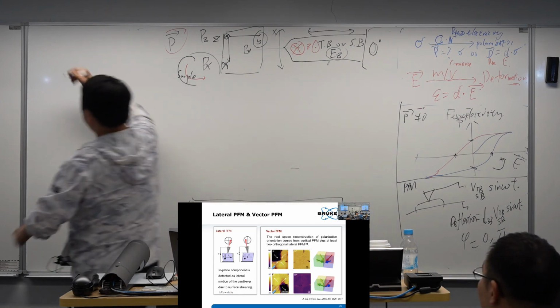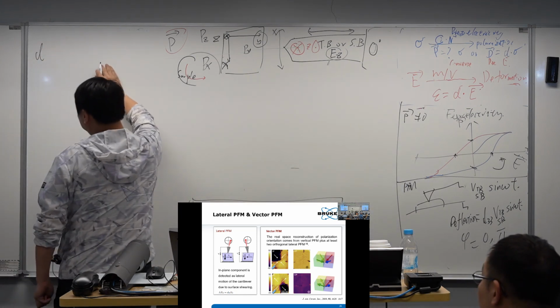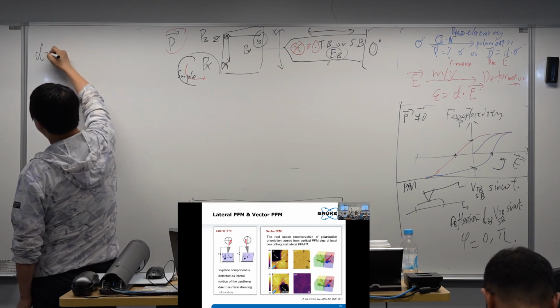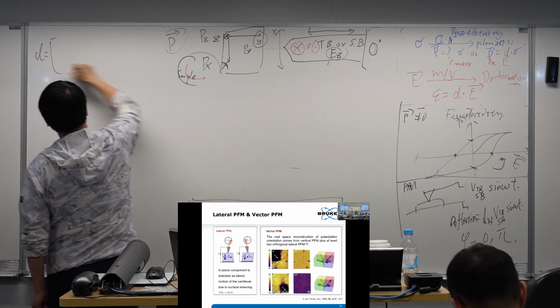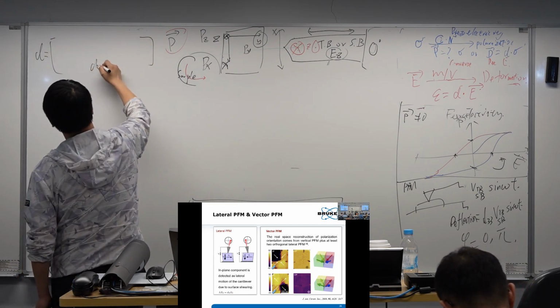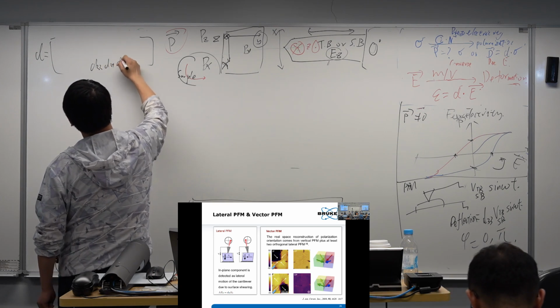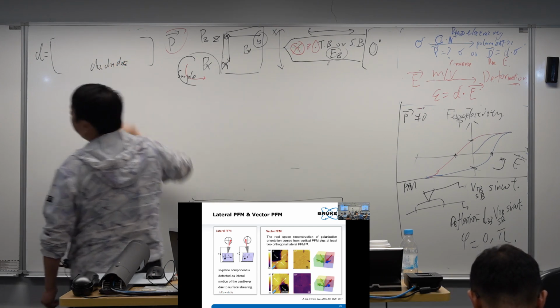In terms of the piezo coefficient, we have the D33, D34, and the D35 here.